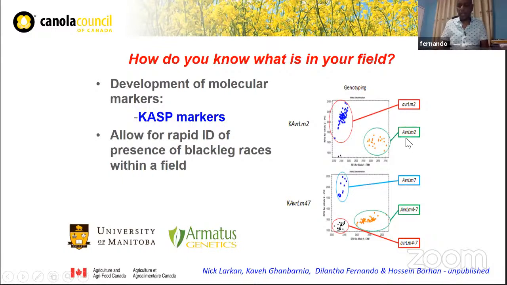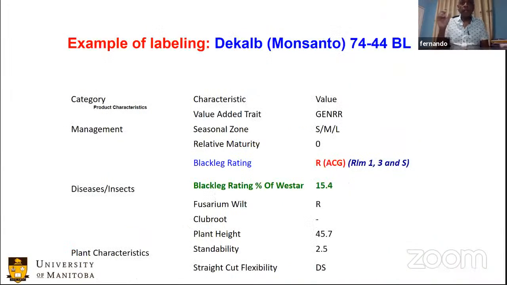These markers were shared with seed testing laboratories, and for a very nominal fee the farmer gets a good understanding of what is out there in their field. Once they know that, they can go to the retailer and ask for a variety that does not have the matching genes, and get a good rotation variety for their field.